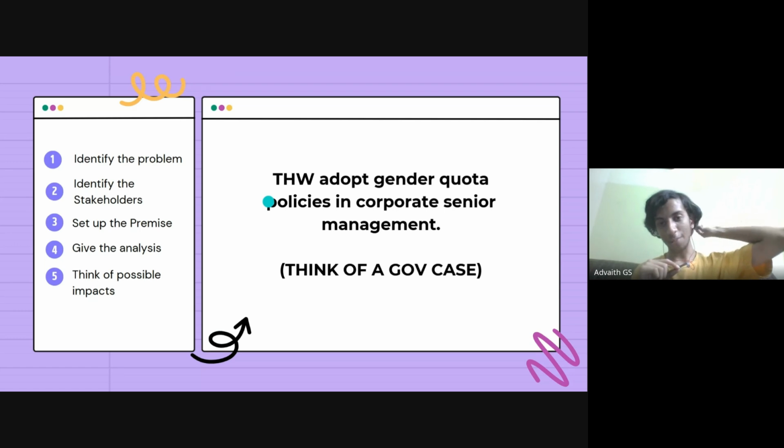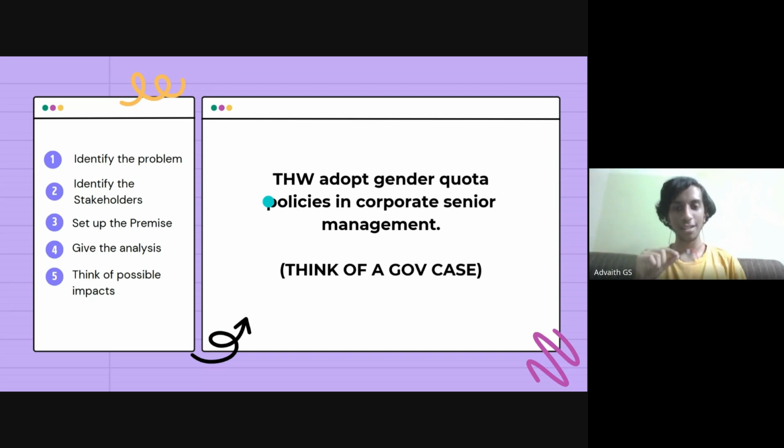If you say adopting gender quota policies, you're saying that it's a hard rule: 20% or 30% will always be for women. You're trying to tell me it should be the choice up to the people, but no. At least on the government's side, they just say 20% hard line or 30% hard line.